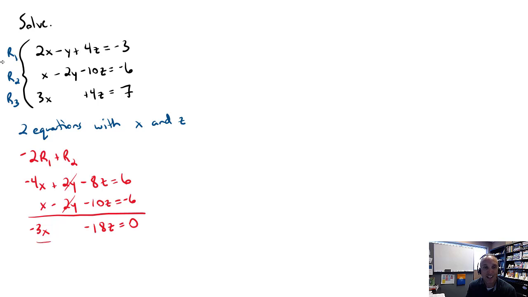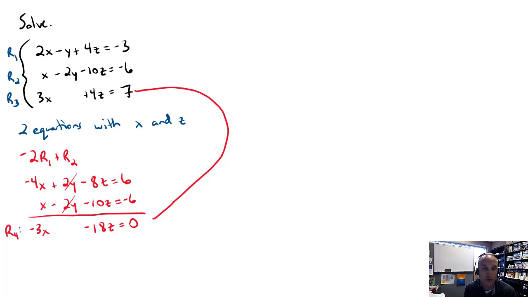And now I have an xz equation, which is what I wanted to go with row 3, which is also an xz equation. But I do notice that in this equation, everything's divisible by 3. So I might as well divide both sides by 3 to make the number smaller. And in fact, well, you could do that, but actually what I'm noticing now is that we'll call this row 4.